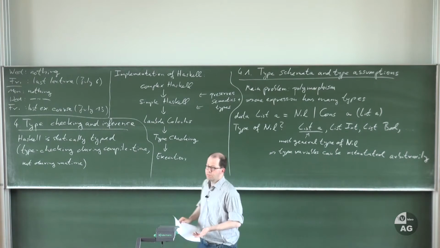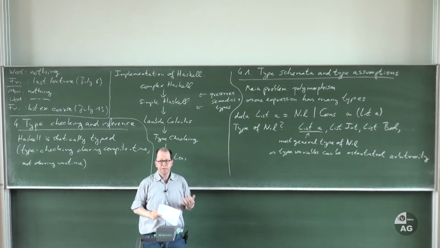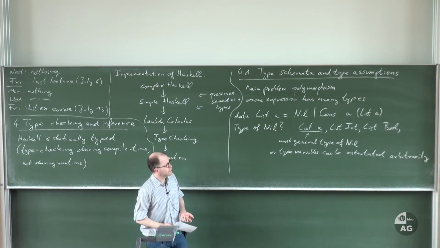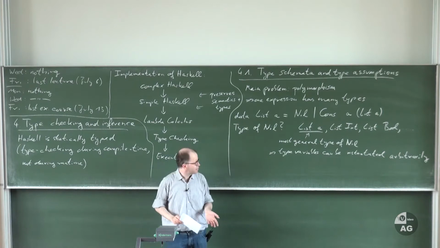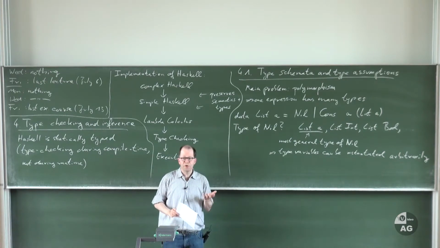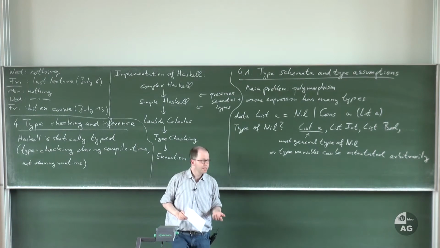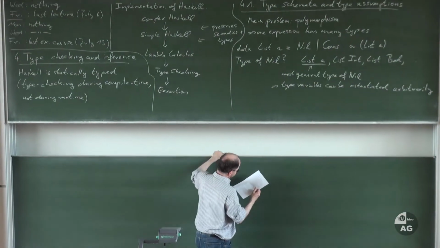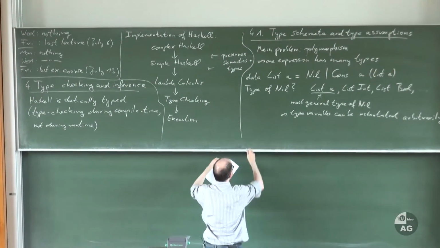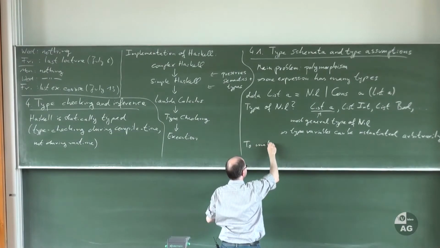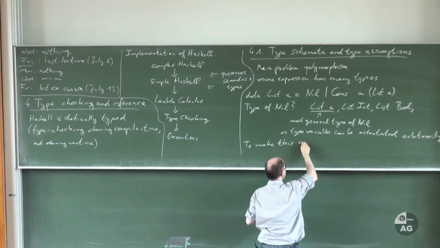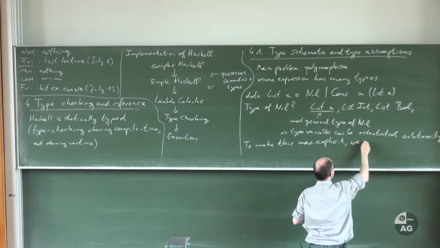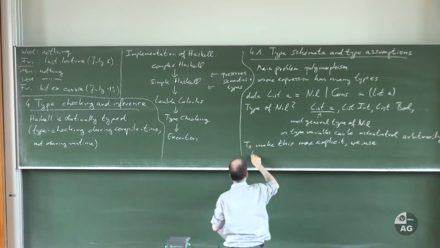And to make this more explicit, that these type variables really stand for an arbitrary type and you can instantiate them in any way you like, we introduce the notion of type schemata. And a type schema is something like a type, but we make it more explicit what these type variables mean by adding quantifiers for type variables. So we use so-called type schemata.